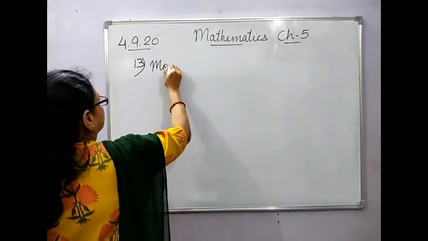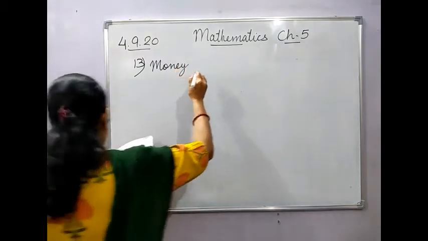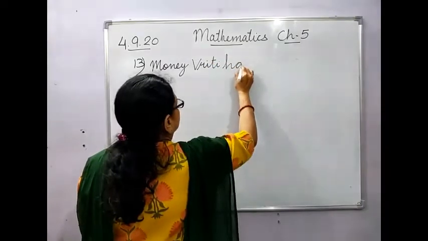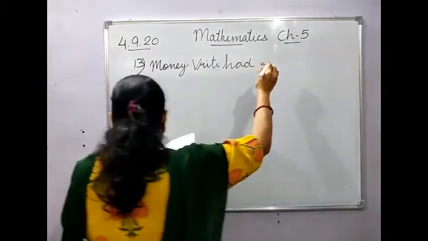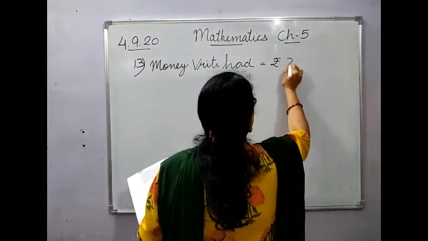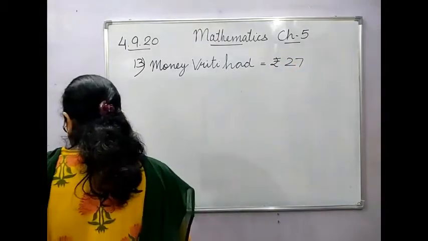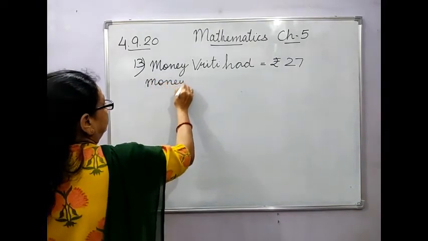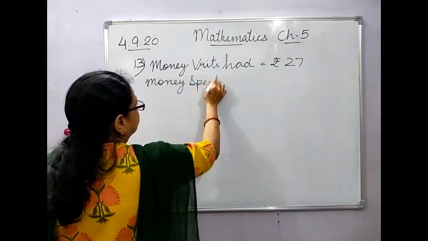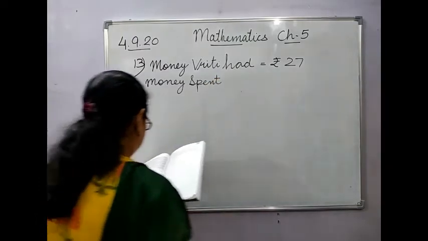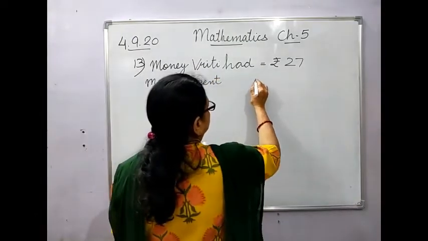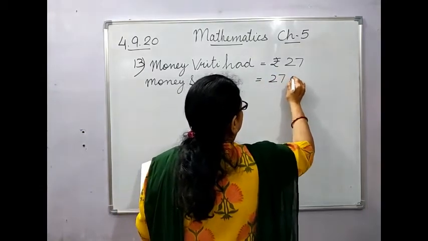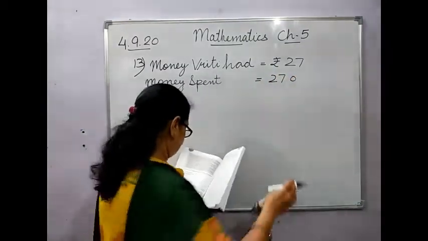Money Vritti had is equal to rupees 27. Money spent. Who spent the money? Vritti only. Money spent is 3/7 of 27.